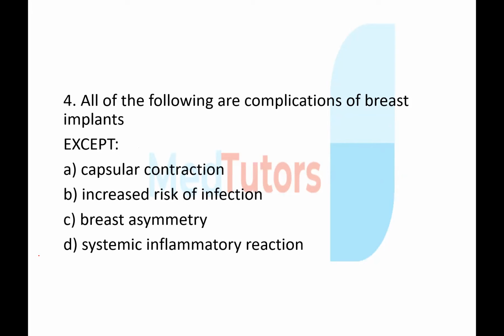All of the following are complications of breast implant, except A, capsular contraction, B, increased risk of infection, C, breast asymmetry, D, systemic inflammatory reaction. Now you should know that of all these options, this is the only systemic complication.